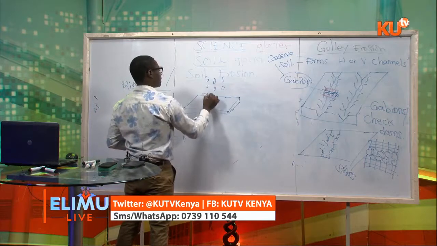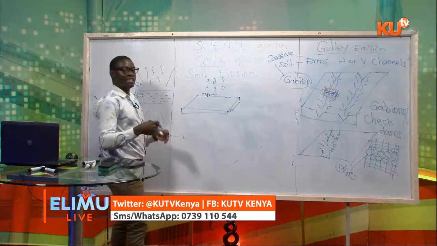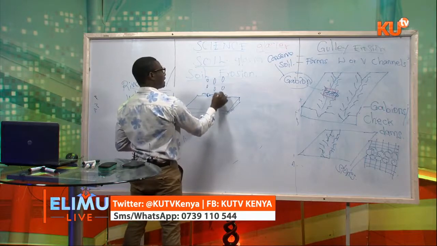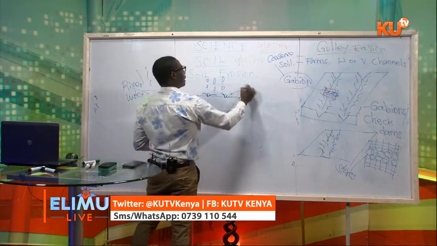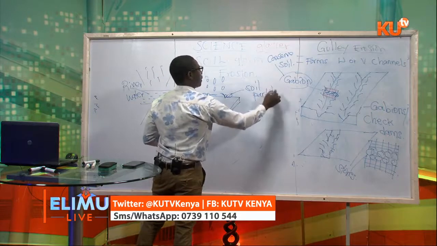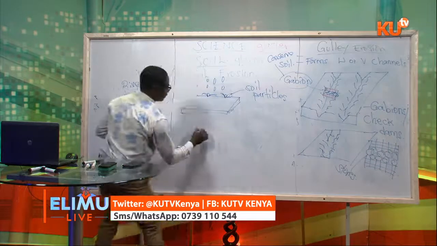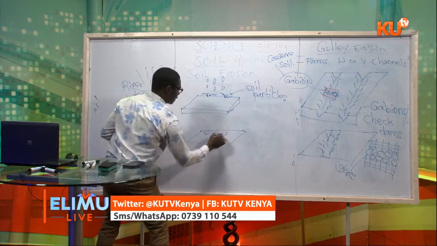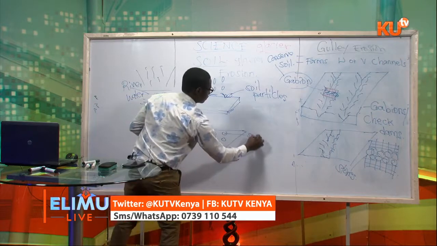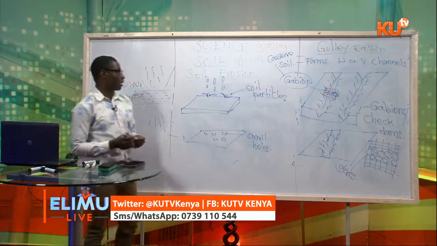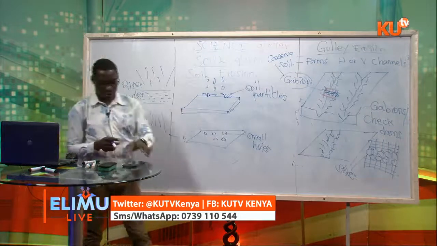As they hit the ground, they displace soil particles, and at the end of the day, we have formation of small holes on the ground. That is how splash erosion takes place.